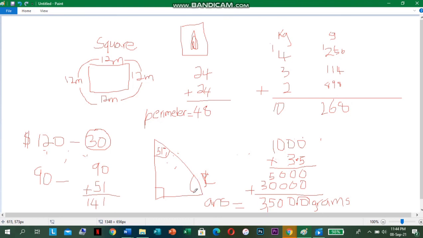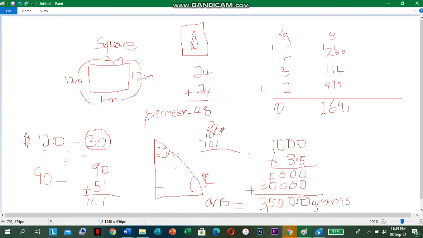But we know that all interior angles must measure 180. So therefore, we have to take this 141 and subtract it from 180. So we have 180 minus 141. We're going to do some renaming. We cancel this 7 and rename this as 10.